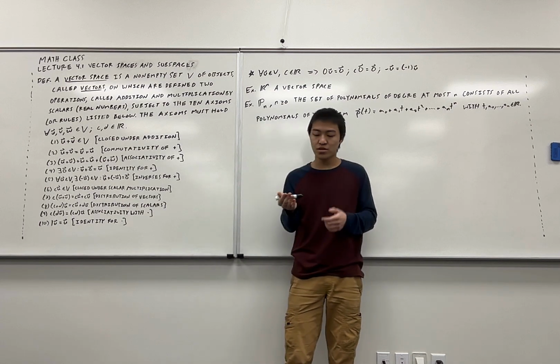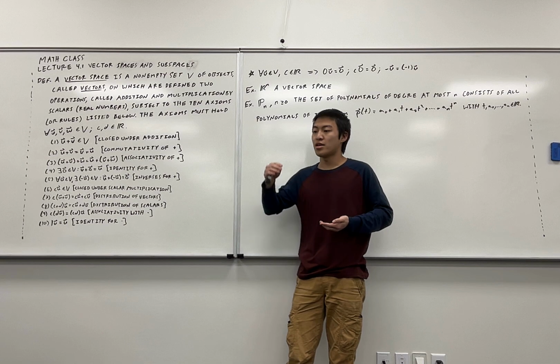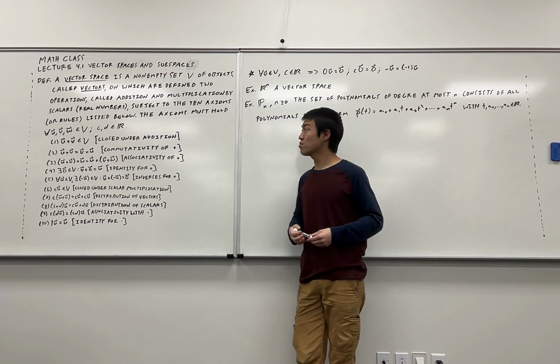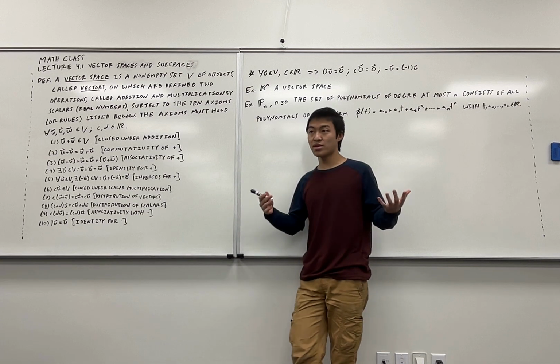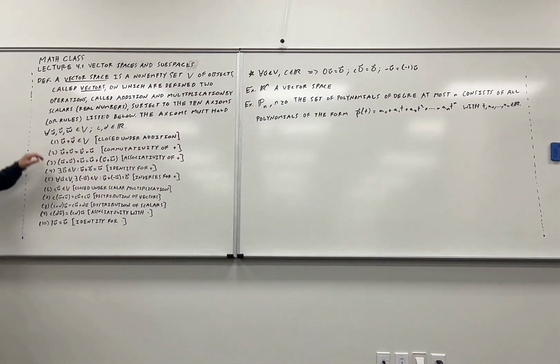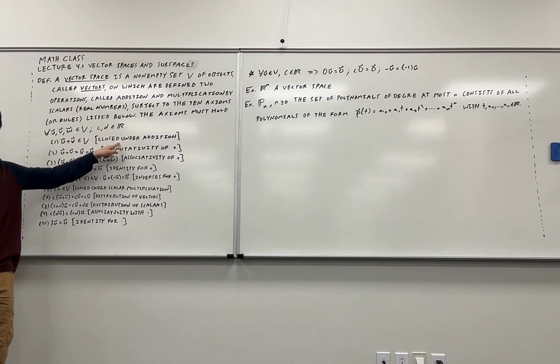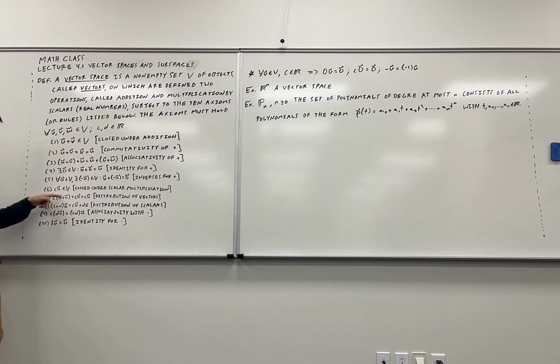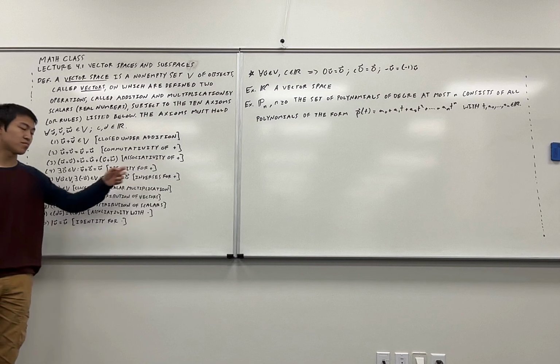So we have a closure again. It's the same concept abstractly as the first one. It's still a closure, but instead of doing it with addition, what's the operation at play here? It's scalar multiplication. So we need closure, or closed under scalar multiplication.